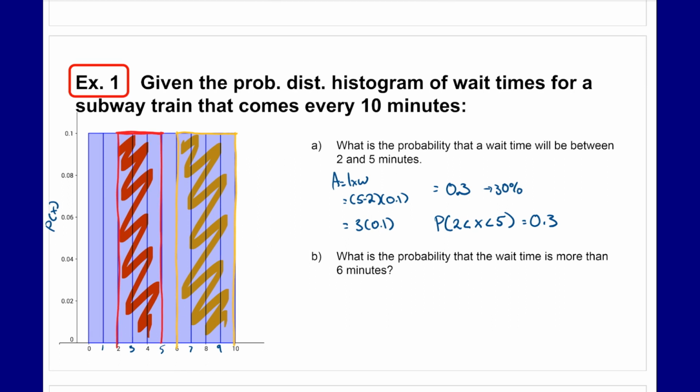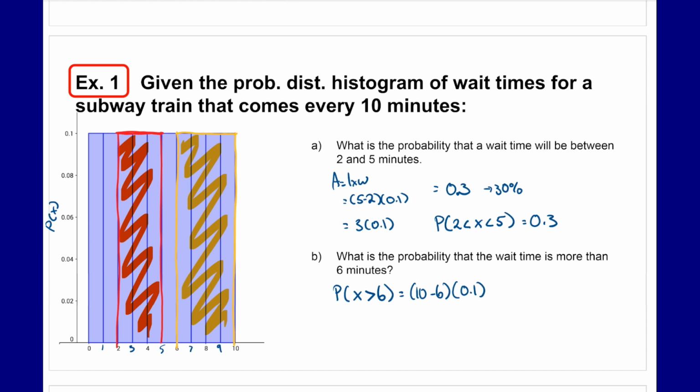So the probability of our outcome being greater than 6, again, we're finding the area underneath this line. We can find our width or our length, whichever one you want to call it, along the x. 10 minus 6, so that's a distance of 4, times the height, which is the probability, or 0.1.